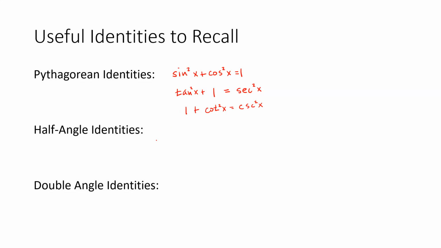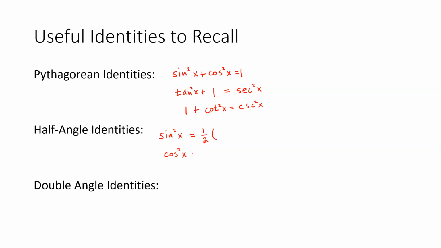Next are what are called the half-angle identities. We'll focus on the half-angle identities in the case when we're dealing with sine squared or cosine squared.